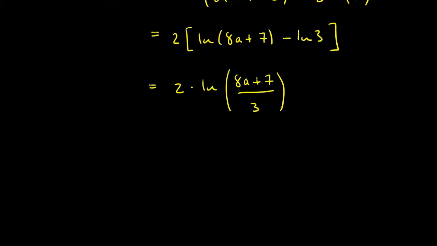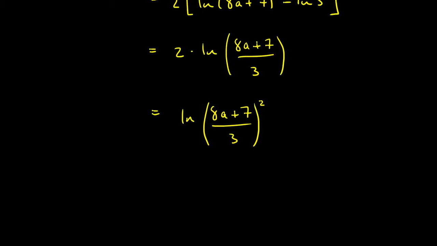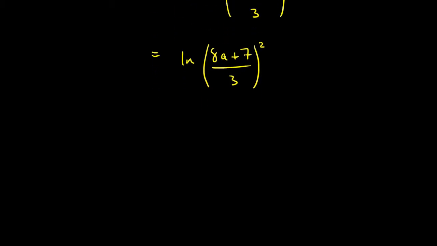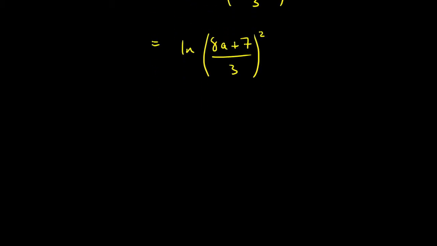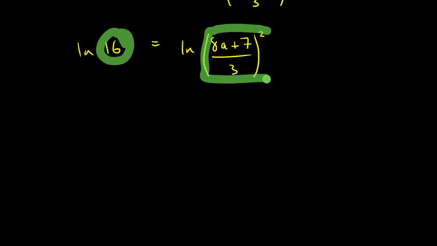So if I just move across here, I'm now going to use the third rule. I'm going to take that coefficient of 2 and bring it up as a power. So now what I've got is ln of 8a plus 7 upon 3 all squared. And we're told in the question that this is equal to ln 16. So if that's the case, then this thing here must be equal to that thing there.